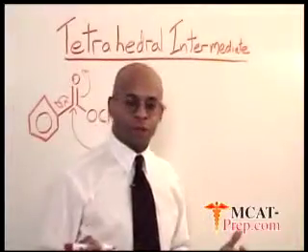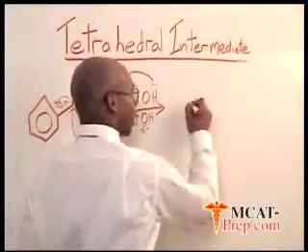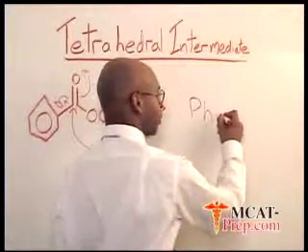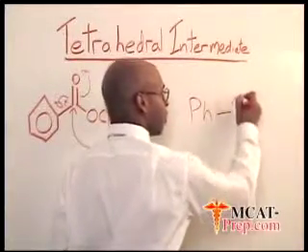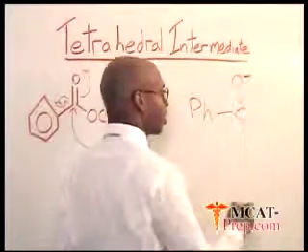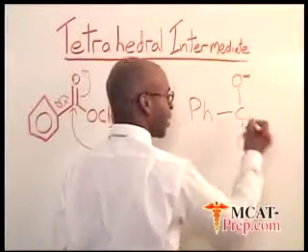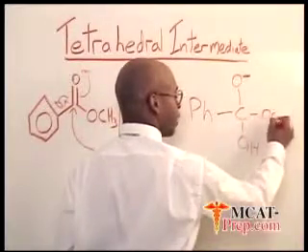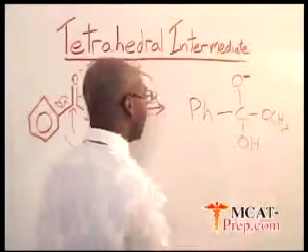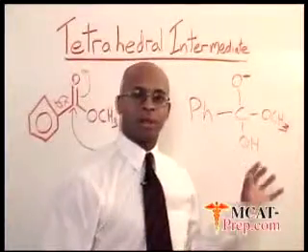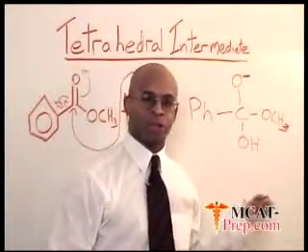Our intermediate would look something like this. It would be our phenyl group here, attached to our carbon, the oxygen having been knocked up with its electrons. Then we have down here the OH group, which just attached, and then we have the OCH3 group over here. And so this is what is called the tetrahedral intermediate.